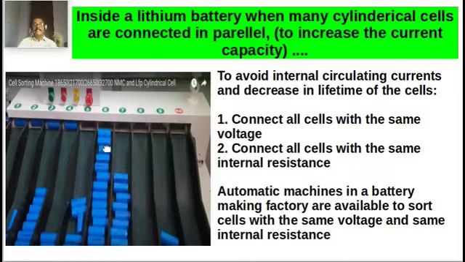We have to actually measure it physically, and there are machines available which can automatically sort the cells having the same voltages into different trays. Not only should the voltage be the same, the internal resistances of the batteries also must be the same. Automatic machines in a battery making factory will sort these cells in one go. For example, this particular tray will have all cells with the same voltage and same internal resistance, so we can connect them in parallel.